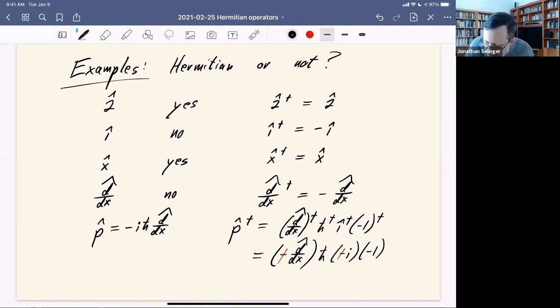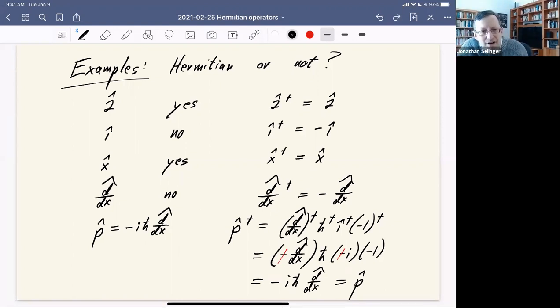So this is equal to negative i h bar d by dx hat, and that is p dagger. And that's equal to p.